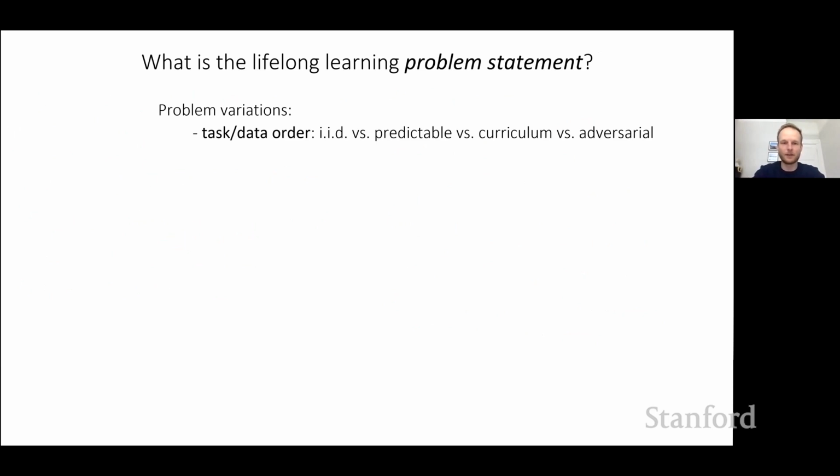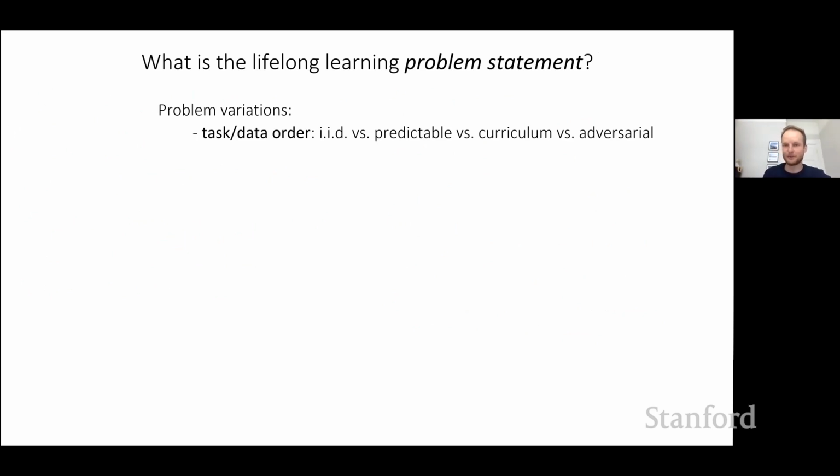So one variation that we can have is whether we know about the task and data order, and whether it's predictable or whether it's just IID, or whether it's some kind of curriculum, or if it's adversarial to us and so on. If it's IID, then we're given new tasks every now and then, and that's it. They come from the same distribution.